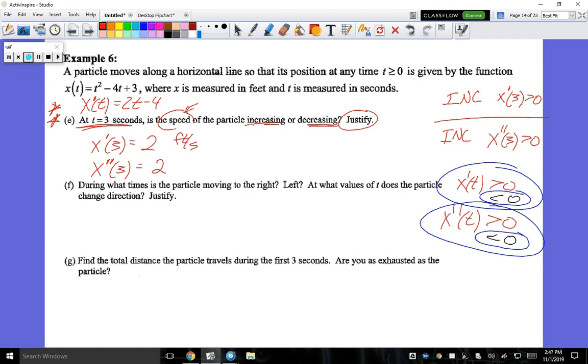No, not 0. It's just 2, right? So 2 feet per second squared. It doesn't matter that these are numbers. It matters what their signs are, okay? So I have a positive and I have a positive. So with 2 positives, is it increasing or decreasing? Increasing. So you'll say speed is increasing.